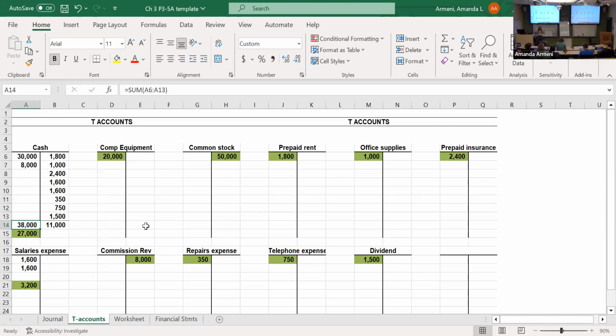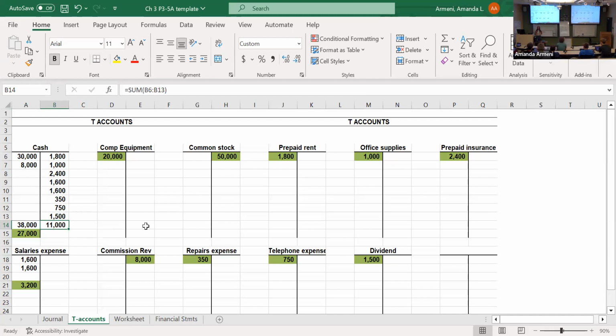So for cash, if I take the total of the debit column, I get 38,000. If I take the total of the credit column, I get 11,000. The difference between the two is a debit of $27,000.